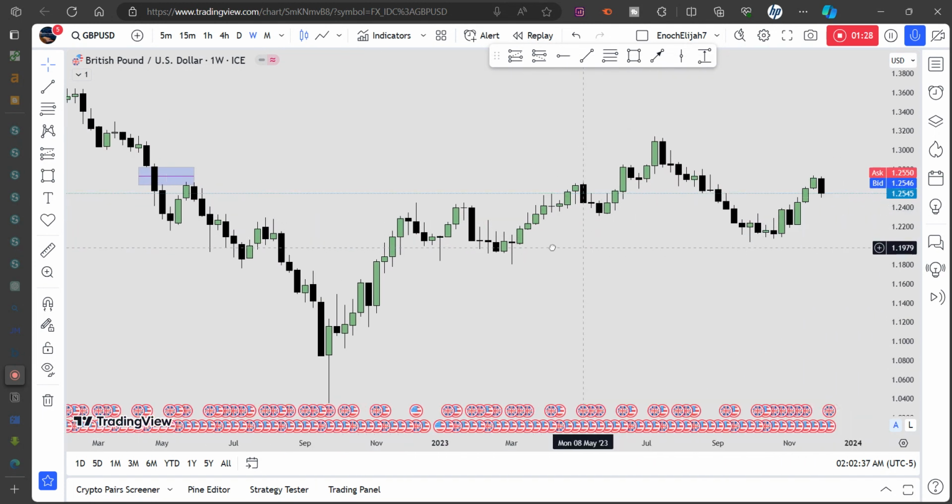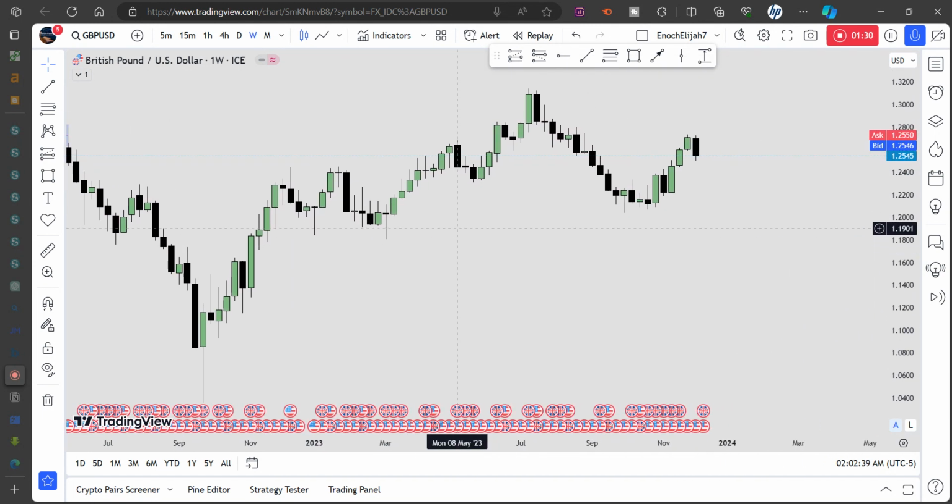If you check your chart, you're going to see this happening over and over again. Let me show you an example. We have three candles. In between the first candle and the last candle of the three, there's a space. They did not touch each other.